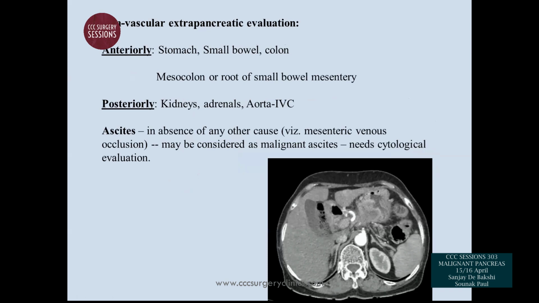If there is contiguous extension into the retroperitoneal compartment, whether or not the adrenal gland is involved, the adrenal gland may be spared or included in the resection margin with sparing of the kidneys. And in the presence of ascites, we usually consider it as a malignant ascites. If not, there is an underlying chronic liver disease or a mesenteric venous occlusion. However, that needs to be confirmed by cytology.